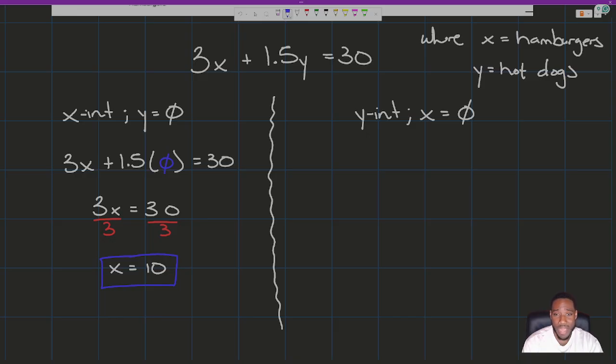Now we're going to do the same thing with the y-intercept. And so we're going to do the same exact thing. But this time, we're plugging in the 0 in the x's place instead of the y. Again, multiplying something by 3 or by 0 is going to cancel it out. We have 1.5y equals 30. We just divide both sides by 1.5.